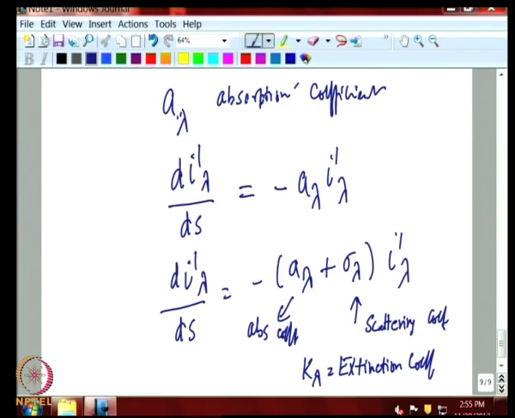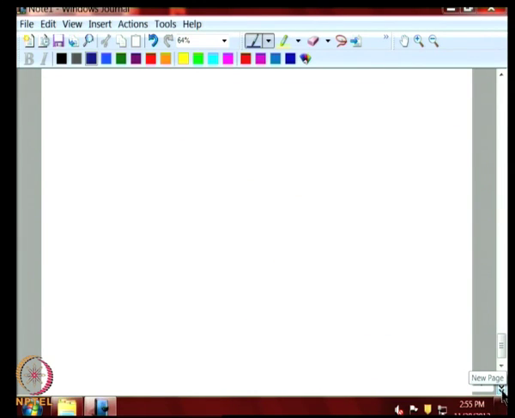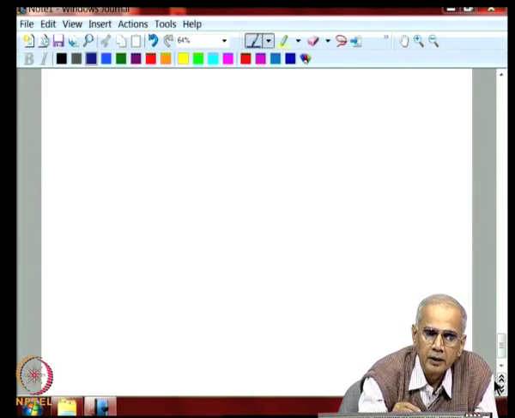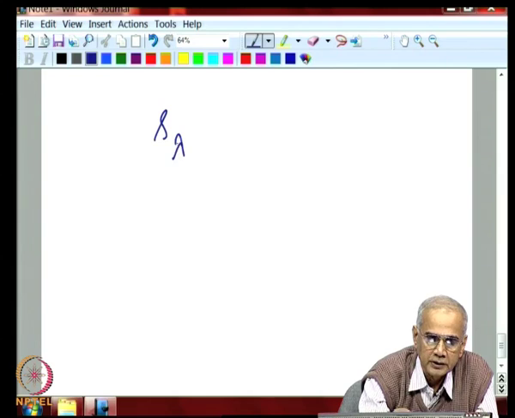Now, the units of absorption coefficient, all of you know, is meter minus 1. So, that is the same unit for the scattering coefficient, but scattering coefficient also has other standard ways of defining in terms of cross section.